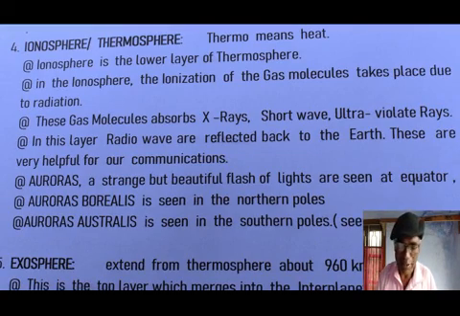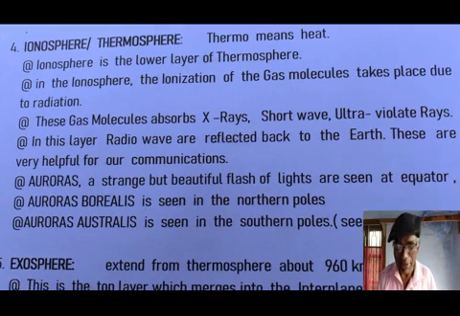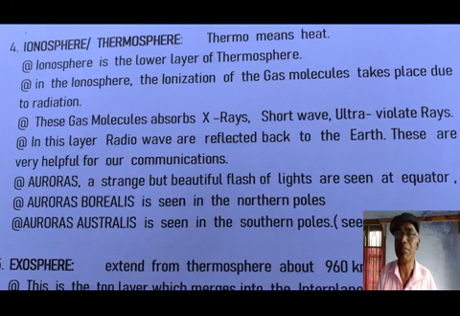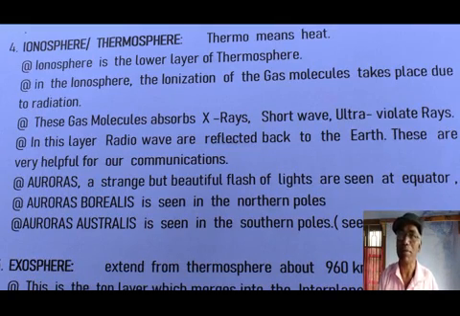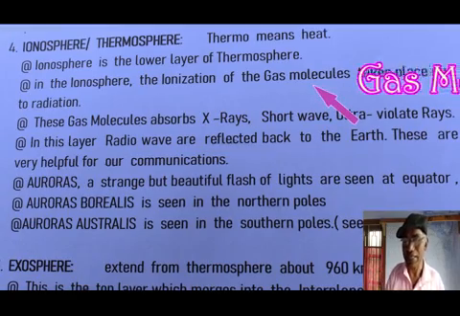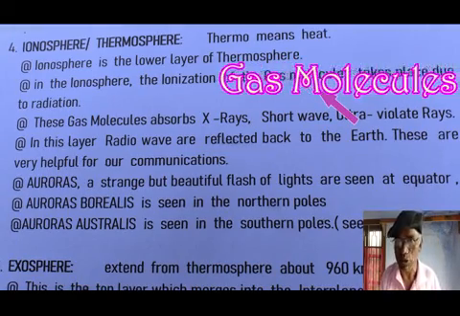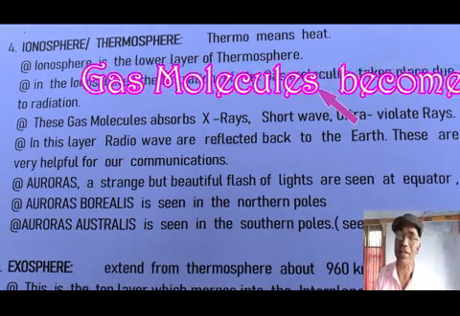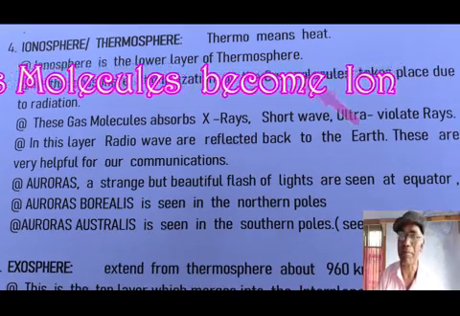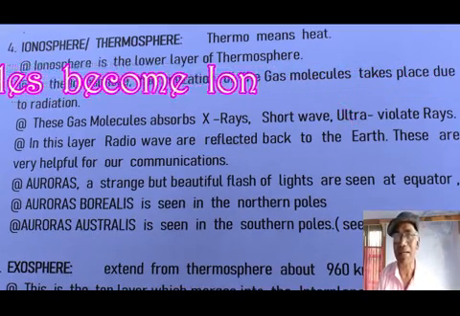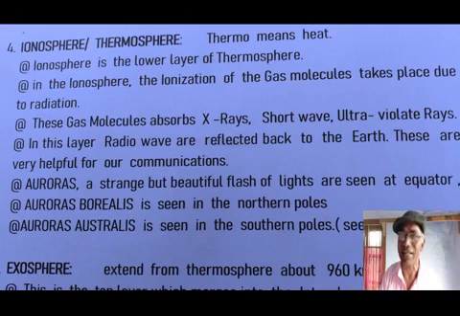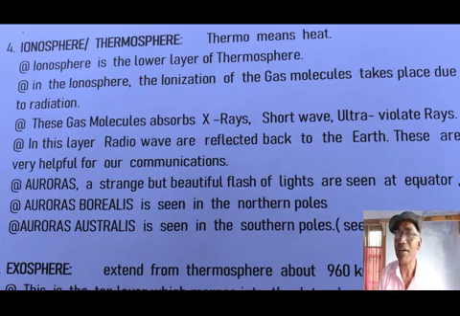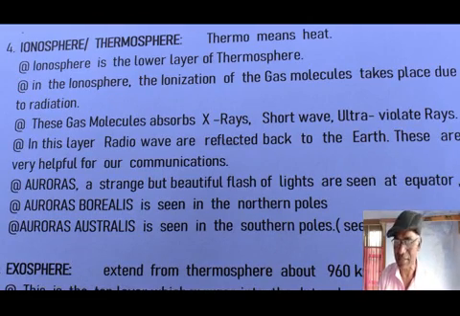And in the ionosphere, the ionization of gas molecules takes place due to the radiation from the sun, meaning these gas molecules become positive or negative, meaning either they become positive conductors of heat and energy or non-conductors.